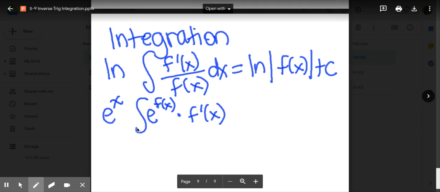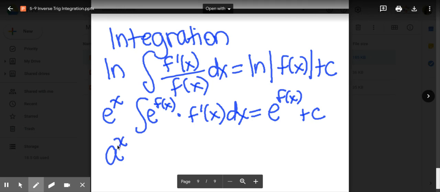So if you're integrating that, dx, and you actually have e raised to some function multiplied by the derivative of the function, then that will be just e to the function plus c. If it's not that clear cut, you're going to do a u substitution, and your u will be your exponent. Just like in natural log up here, if it's not clear cut that this is the derivative divided by the function, you'll do a u substitution and let your denominator be the function.